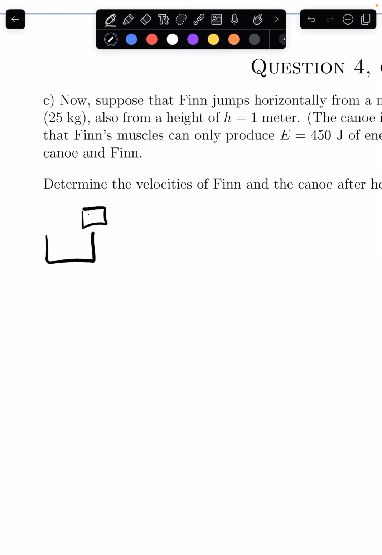I'm just denoting Finn as this square here. So whatever Finn pushes to propel himself outwards is going to be equal going backwards. So what that means is that whatever velocity Finn goes forward with, the boat is going to go backwards with.